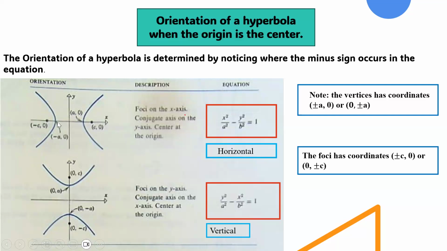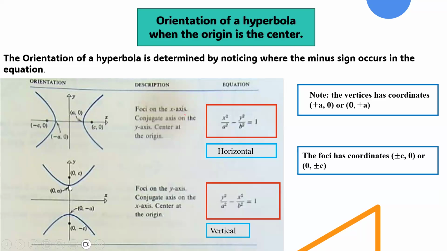Now we have two branches, one on the positive region and one on the negative region. So that is why here we will have a positive a value and here we will have a negative a value. When we look at the second one here, we're going to see that our vertex is on the y-axis, or our transverse axis is the y-axis this time.